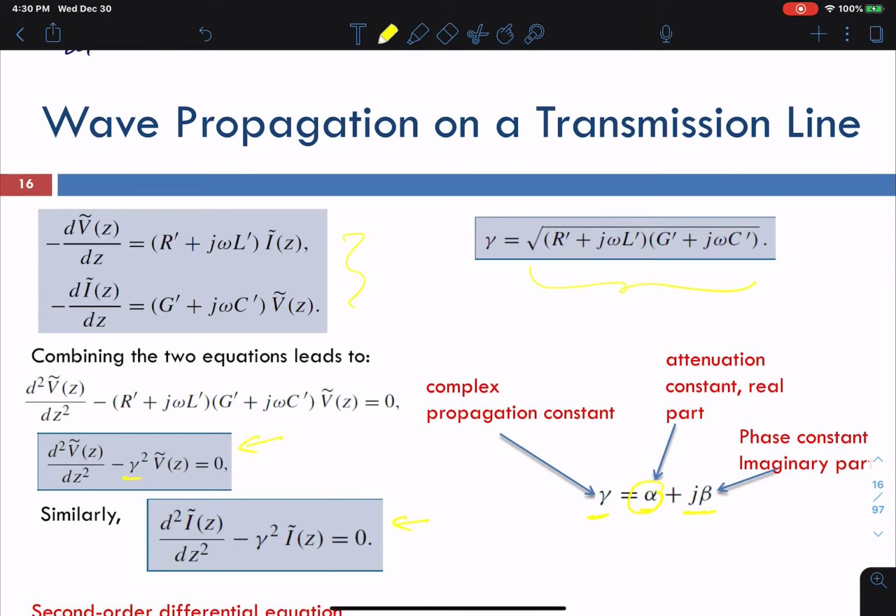If you look at a signal at the same time reference, at different parts of the transmission line, you'll see how they differ in phase angle. So that's beta. Beta is in radians per meter, and the attenuation constant tells you basically how far you're going, and it's in dB per meter. Okay, all right.